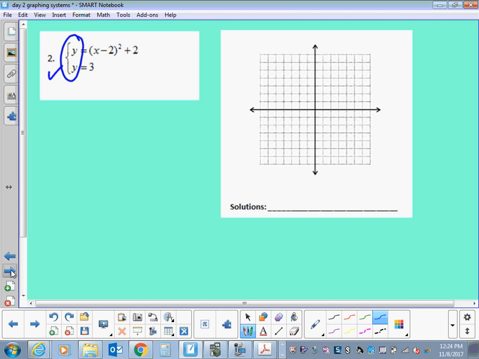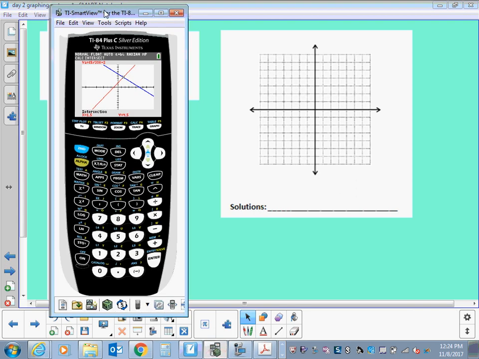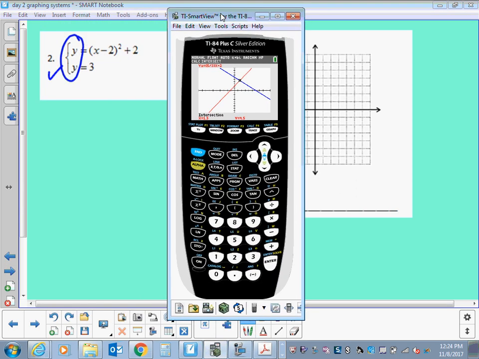You can do this two ways. Let's pull up our calculators. And let's type in our first equation. You have y equals x minus 2 squared plus 2.